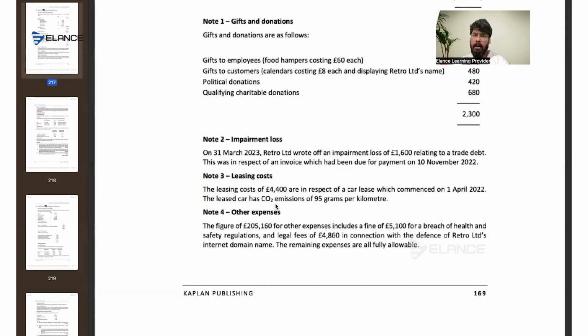So if a car emits more than 50 grams per kilometer of CO2, that's a high CO2 emitting car. For those cars, if they are leased for our trading, 15% of the lease amount is disallowed. 85% is allowed, 15% is disallowed. So we should add back 15% of 4,400.